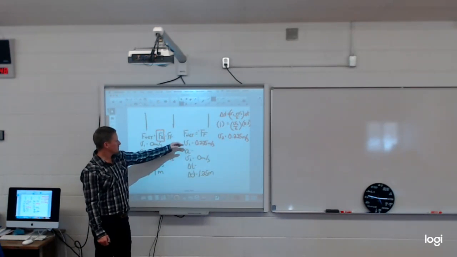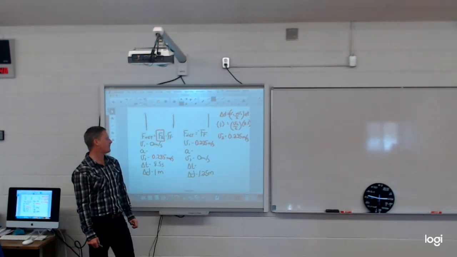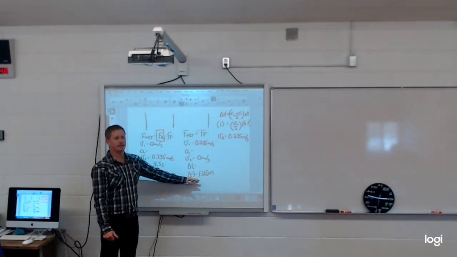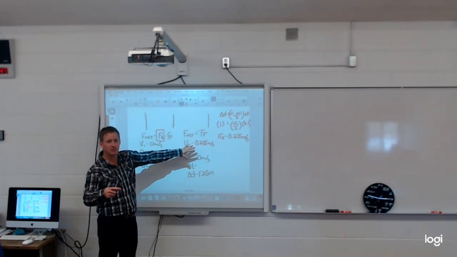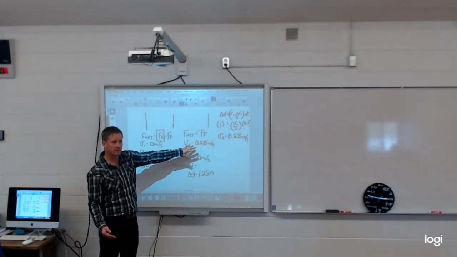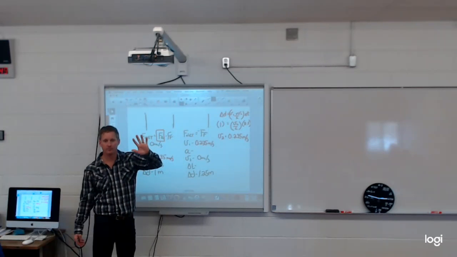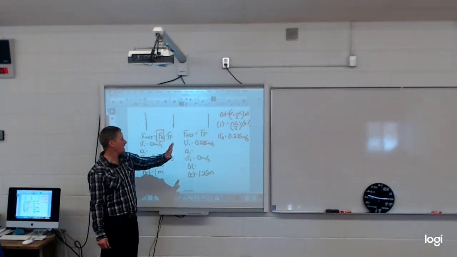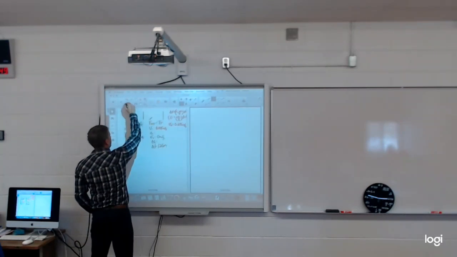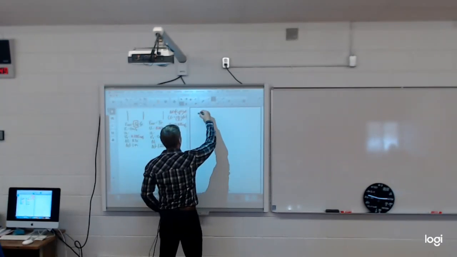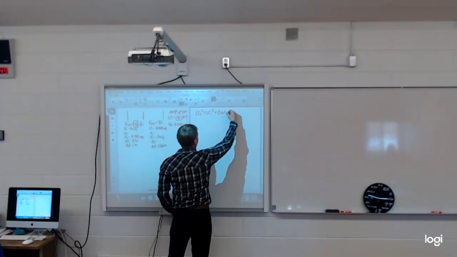Okay, so now we've got this information here. First of all, V2 squared equals V1 squared plus 2AD. I've got V1, I've got V2, and I've got D. Equation 5. We all follow? So V2 squared equals V1 squared plus 2AD, right?